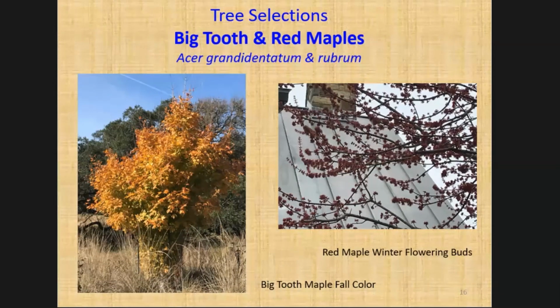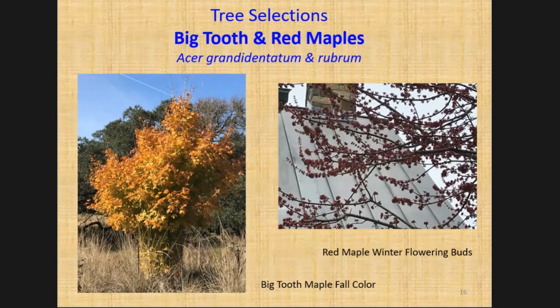Anyway, this tree is in the same family as the southern sugar maple. It's a sugar maple type tree, and that's another plant that also does well. If you can't get a big tooth maple, the sugar maple, my experience has been that the fall color lasts longer than the big tooth maple.